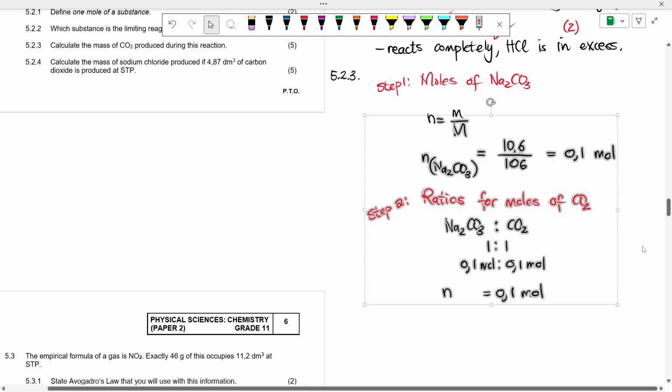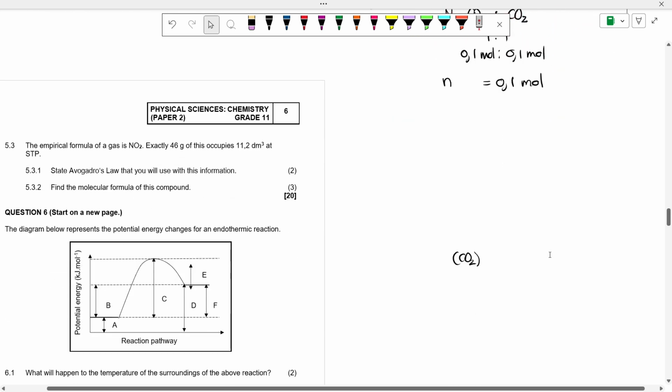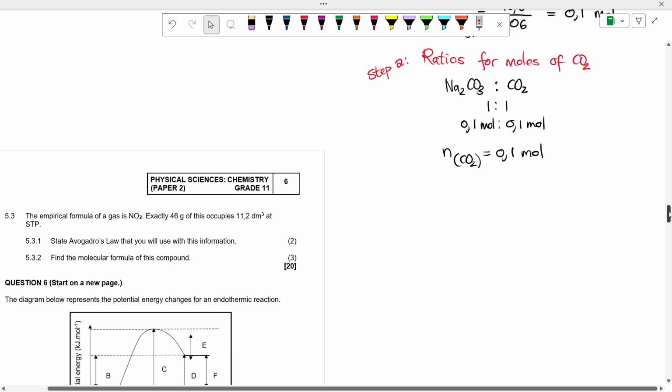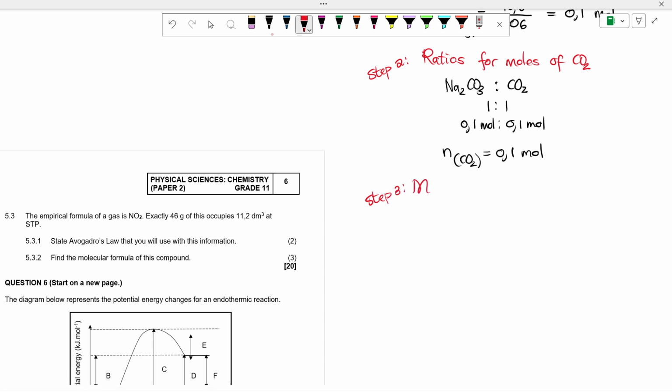Pretty straightforward question, and there's always so many of these kind of questions where you just do the exact same thing every time to get the marks. So now step 3, mass of CO2.